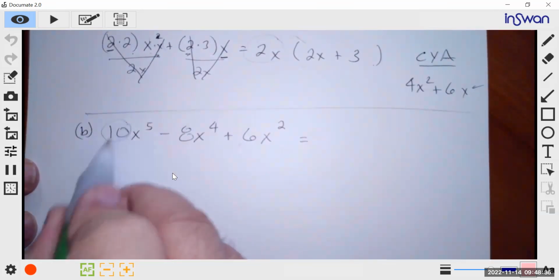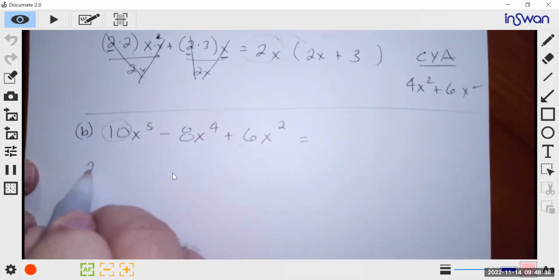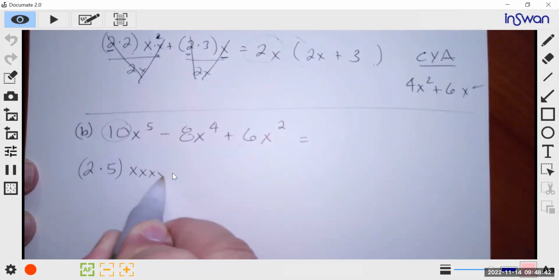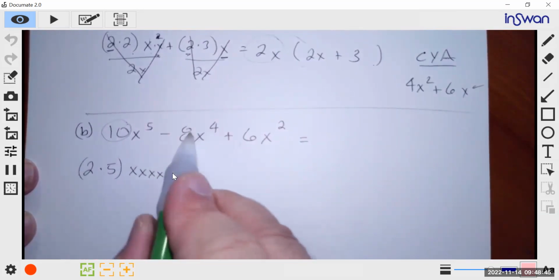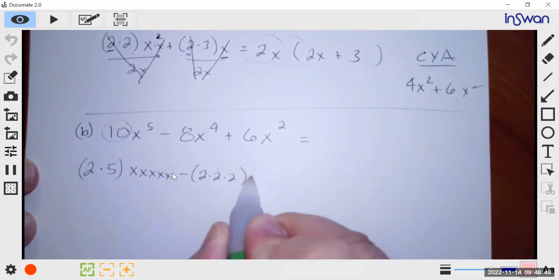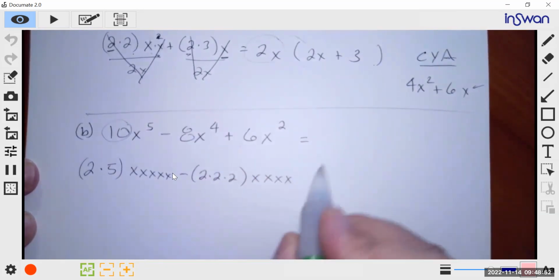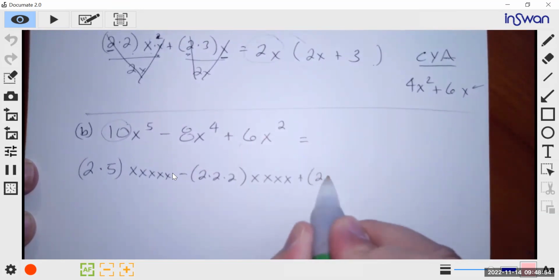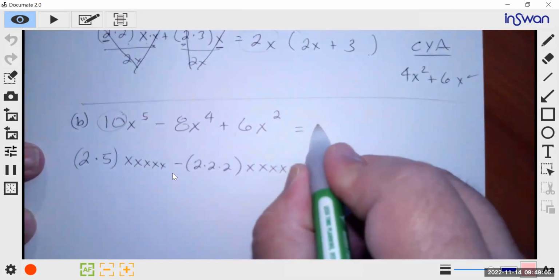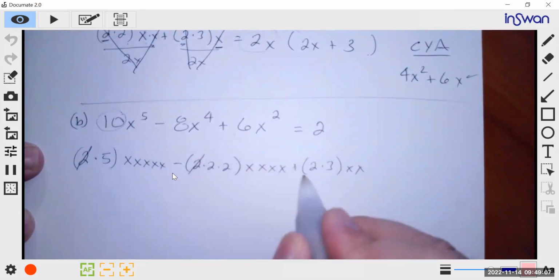Well, 10 is made up of 2 times 5. 8 is made up of 2 times 2 times 2. 6 is made up of 2 times 3. So what do they have in common? They all have a 2, so we get rid of the 2.